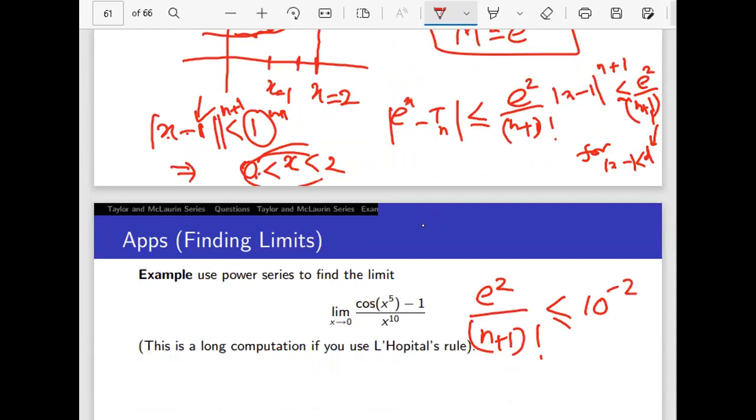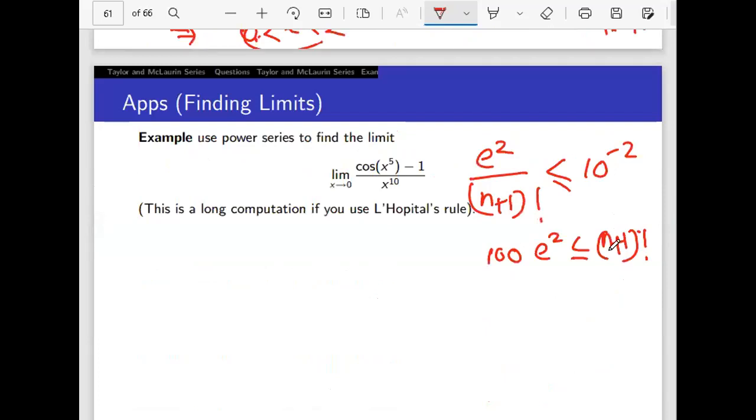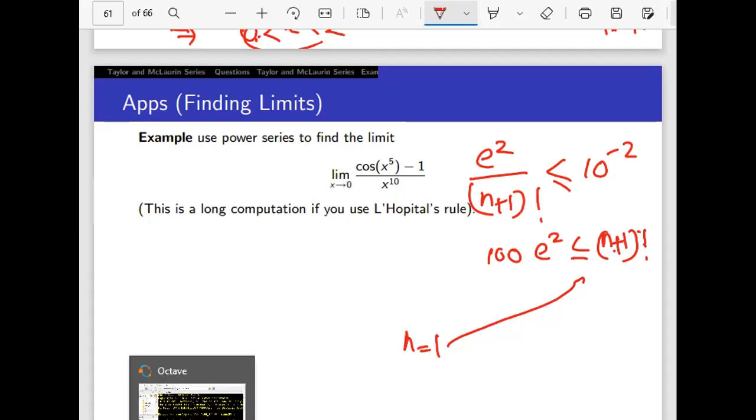Then you can find, this is 100 times e to the 2, less than n plus 1 factorial. Then you can find n here, just by substituting numbers. Substitute n equal 1. I mean, what is the value of this one?